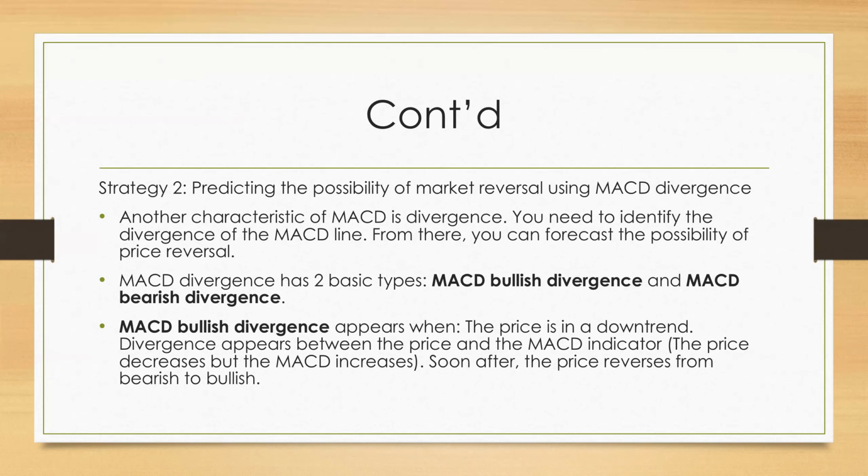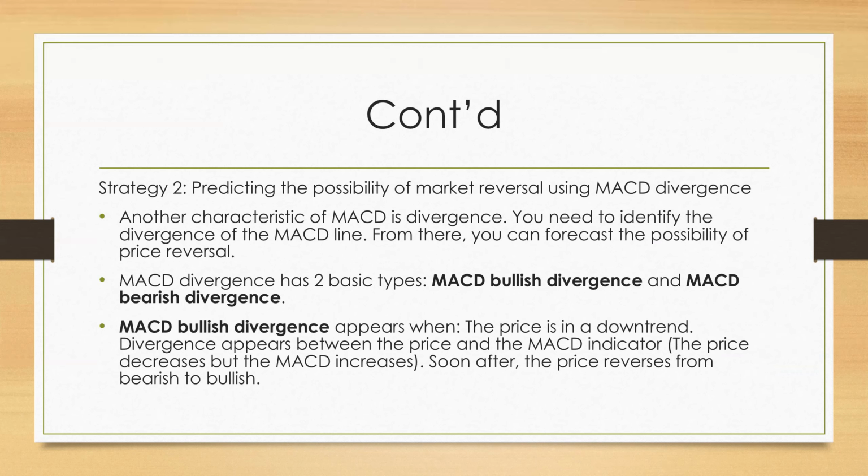So another characteristic of MACD is divergence. You need to identify the divergence of the MACD line. From there, you can focus the possibility of price reversal. There are 2 basic types of MACD divergence, right? The MACD bullish divergence and the MACD bearish divergence.